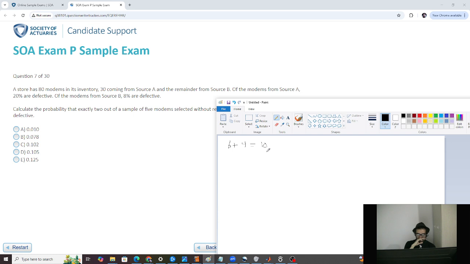So you're selecting 5 out of 80. And you would have to say you're selecting 2 of the defective ones, and you're selecting 3 of the non-defective ones.